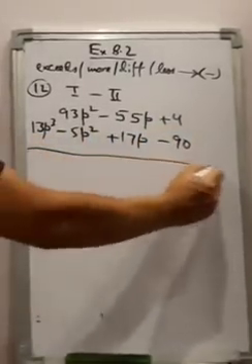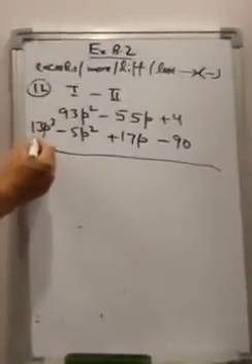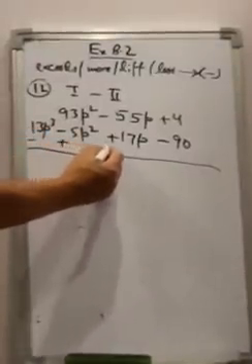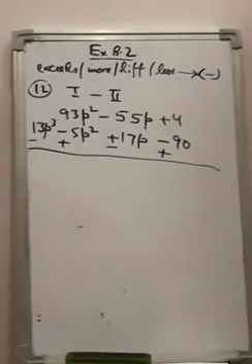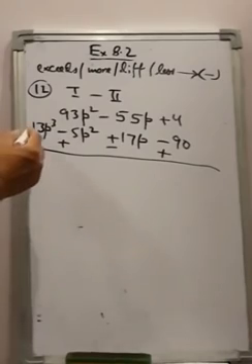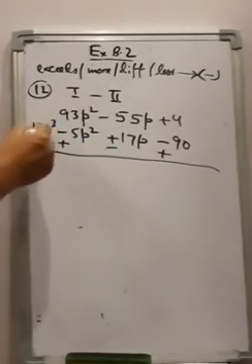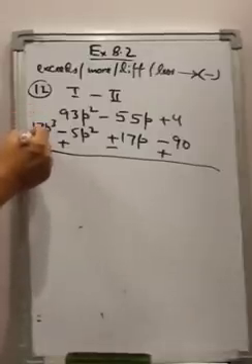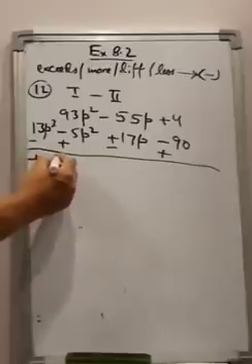Now since it is subtraction, leave some space for changing sign. Now this plus will become minus, minus will become plus, plus will become minus, minus will become plus, right? Now ignore the old signs and use these new signs. So here it doesn't have a like term, so it will be copied as it is, minus 13p cube.